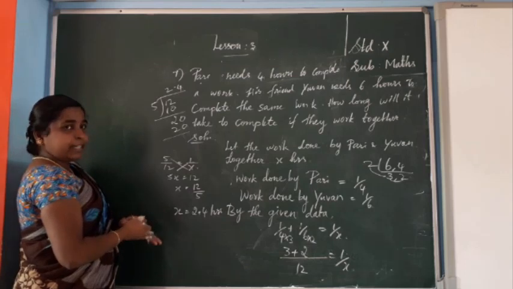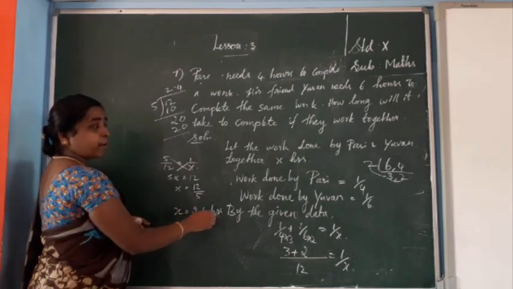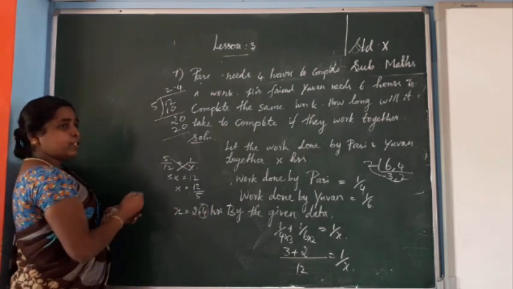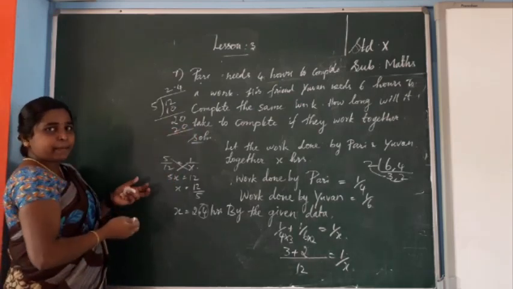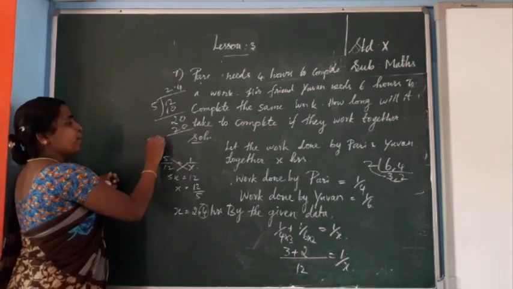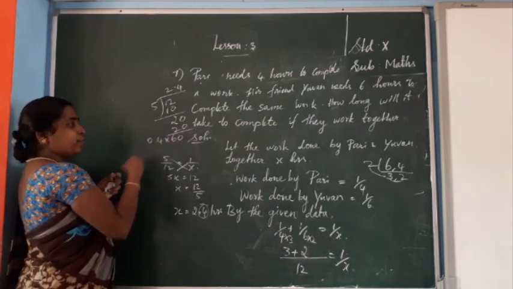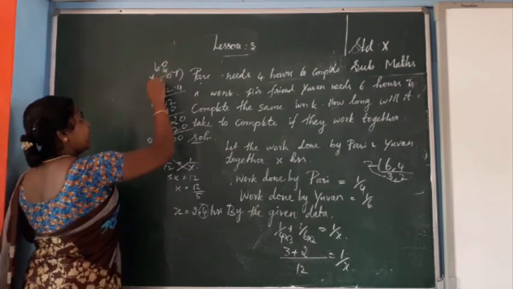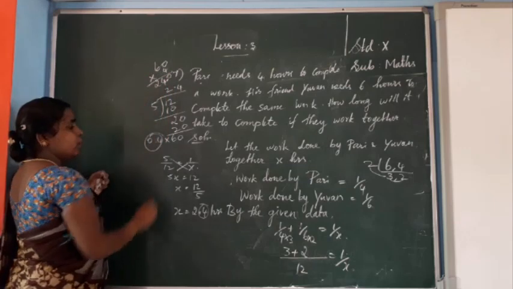So if we need minutes, actually this is 2.4 hours. Okay, I am going to convert the 0.4 into minutes. If you want to convert hours into minutes, you have to multiply by 60, isn't it? So 0.4 into 60. You multiply 60 into 4, you get 240. Actually here it is 0.4, so one decimal point is there, so 24.